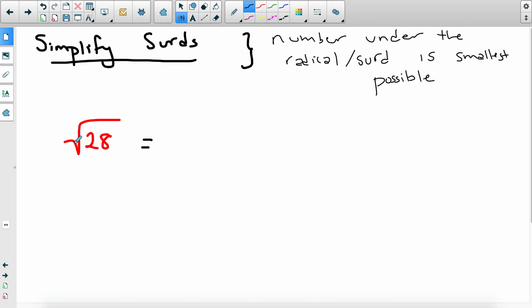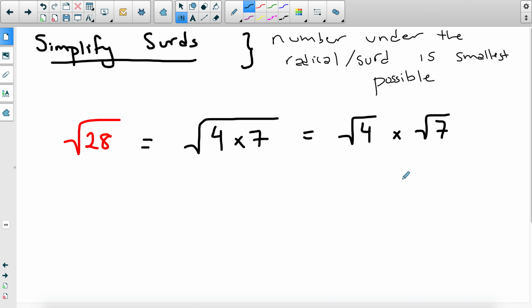For now, when you just have a surd and there's a number underneath, you have no idea what to do with the number, split it into two different surds. So a square root of 28 can be split. You can look at all the different factors, so you can split it into 4 times 7. And then again, we're going to use the third property, and this can be split into square root of 4 times square root of 7.